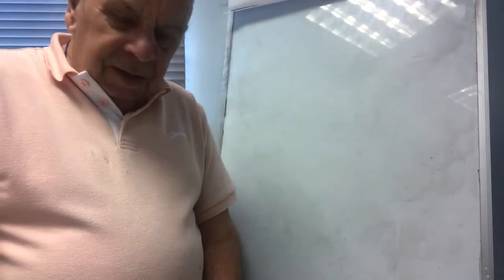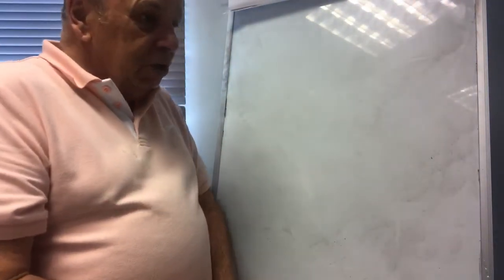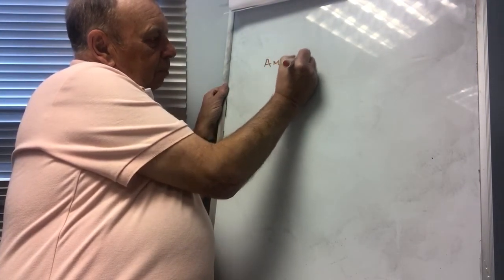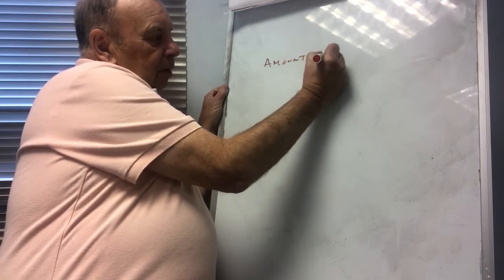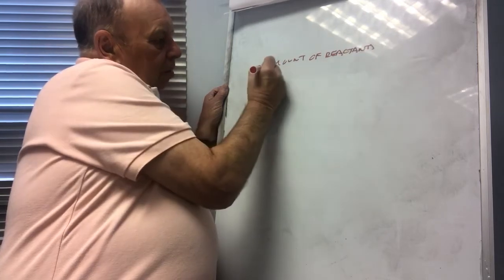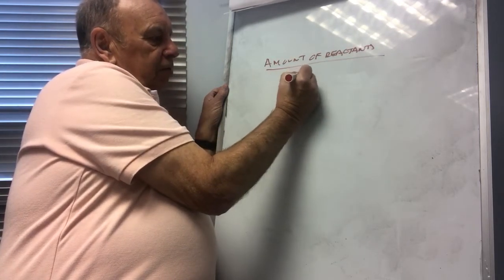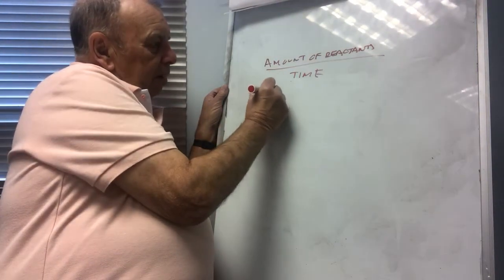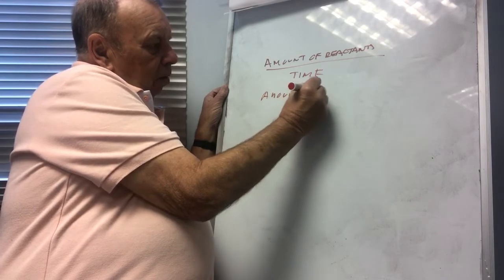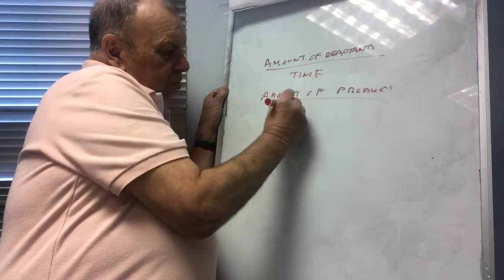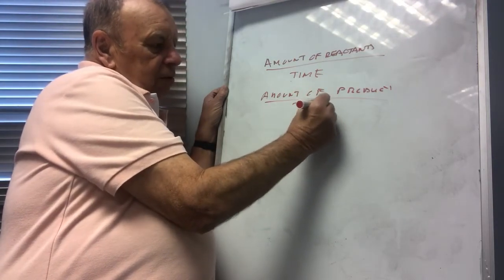So the rate of reaction is the amount of reactant or reactants used over a period of time, or the amount of product produced in a certain time.